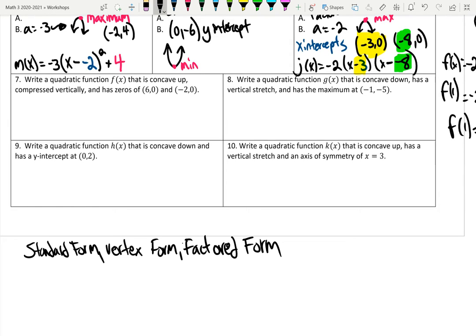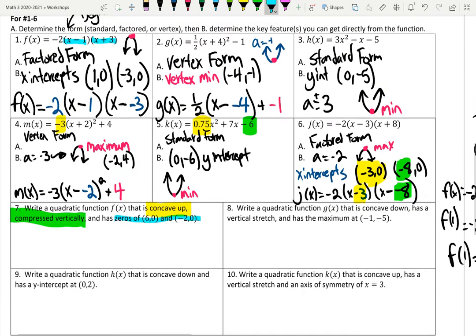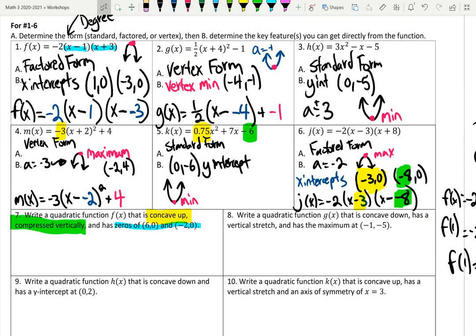It's a quadratic function that is concave up. It is going to be compressed vertically, and it has zeros of (6, 0) and (-2, 0). Looking at it, the key part is the zeros. Looking at my previous work samples, I mentioned that the zeros are the x-intercepts.